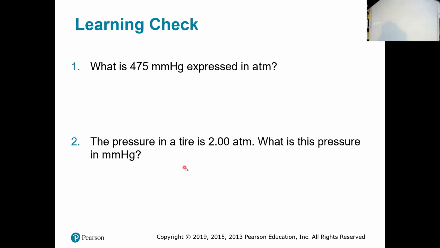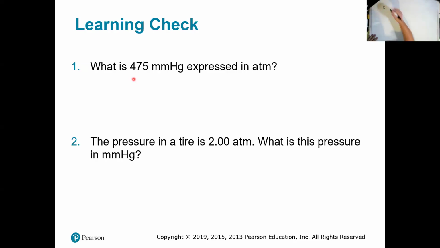Let's take a look at these first 2 questions in the learning check. We're just looking at some pressure conversions here. We'll write out the conversions that we want to make, and then we're going to look back at our table and find the equalities that connect the pressure units we're looking at.